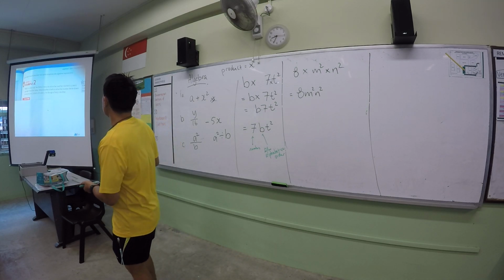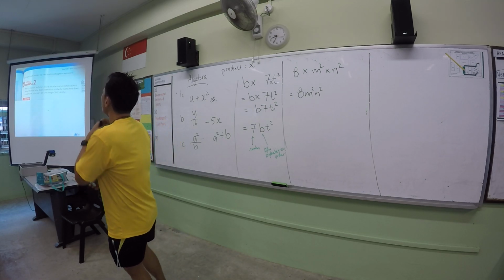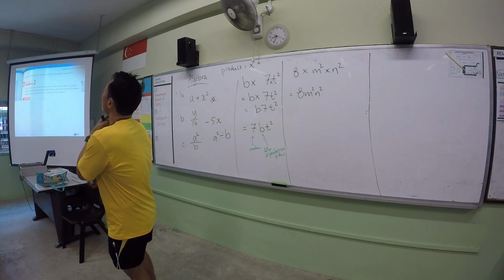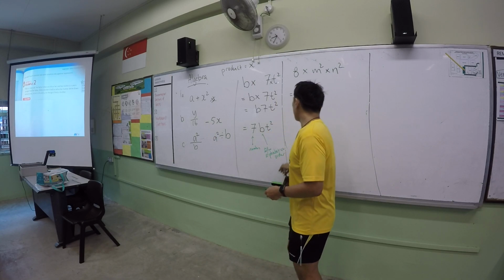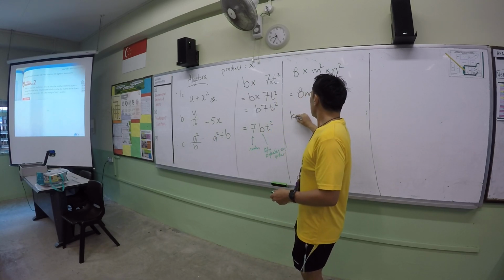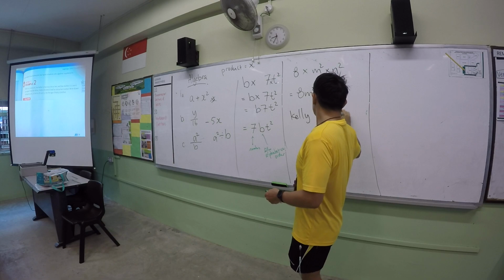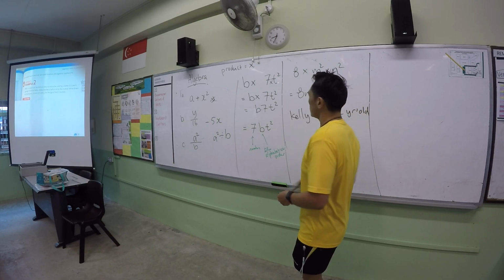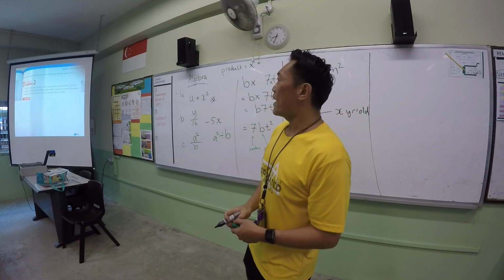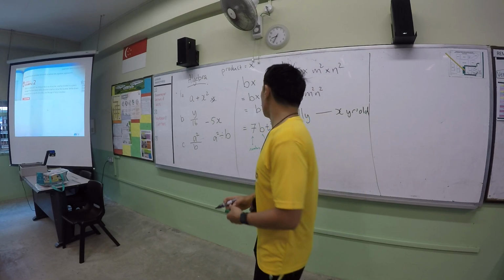Okay, Kelly is X years old. Her father is twice as old as her. Let us write it down. Kelly, X years old. Her father is twice as old as her.